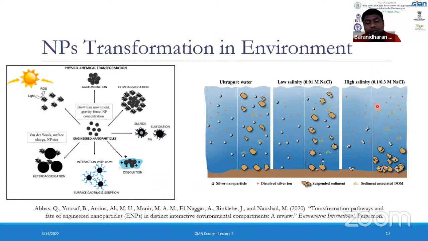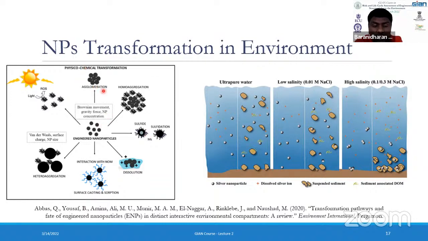The zeta potential value reduces, and the nanoparticle charge is modified due to counter ion adsorption. Because the gap gets reduced, they have a chance of getting adsorbed onto the other material, and because of that, the size increases. This process facilitates a fast agglomeration rate.